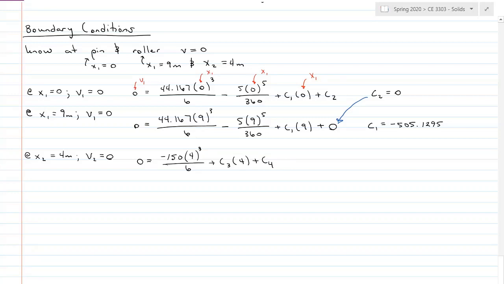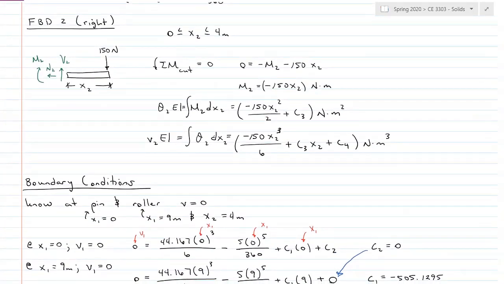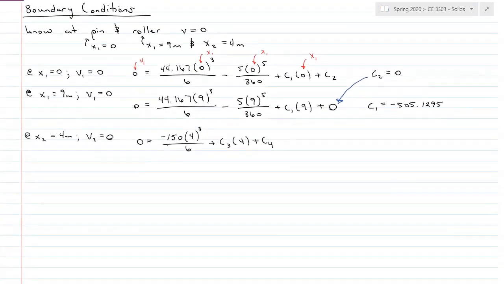All right, 2 unknowns, 1 equation. That doesn't do me any good. I am out of boundary conditions. We cannot have X2 go all the way over to 13 meters because it stops at 4 meters, right? That's the boundary that we set up for it here, okay? So we have to move to continuity conditions.